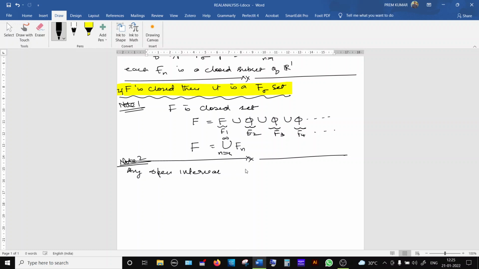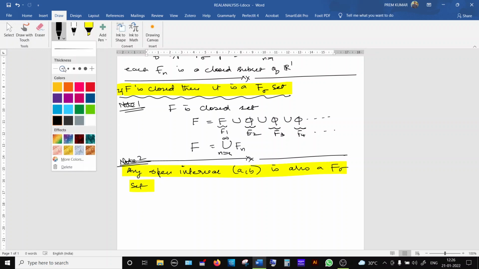Any open interval in the real line is also an F sigma set. How do we say that an open interval is an F sigma set in the real line? We are going to prove it.